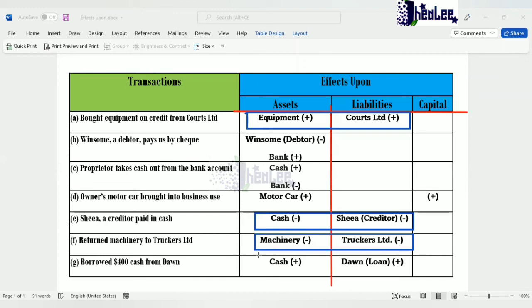And here's a final one, asset and liability. Both items increase. So whenever you have an asset and the liability that's affected, the effect is the same. Meaning is either both are increasing or both are decreasing.